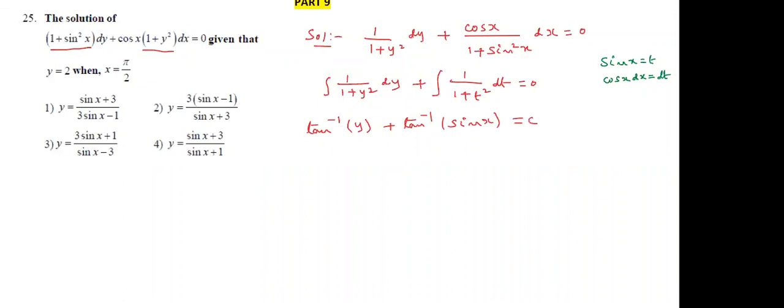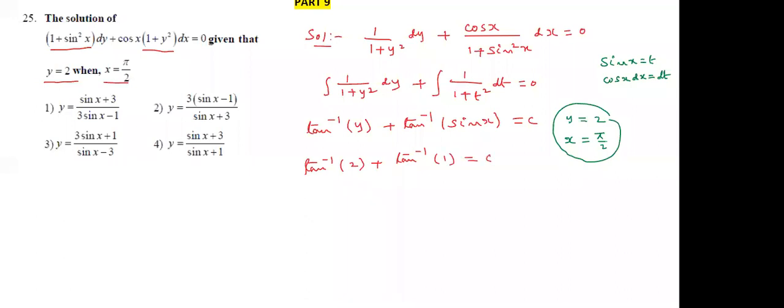But the curve is passing through y is equal to 2 and x is equal to pi by 2. Here substitute y is equal to 2 and x is equal to pi by 2. Then what happened? See here. These values substitute here. We get tan inverse of 2 plus tan inverse of sin 90 degrees, 1, that is equal to c.